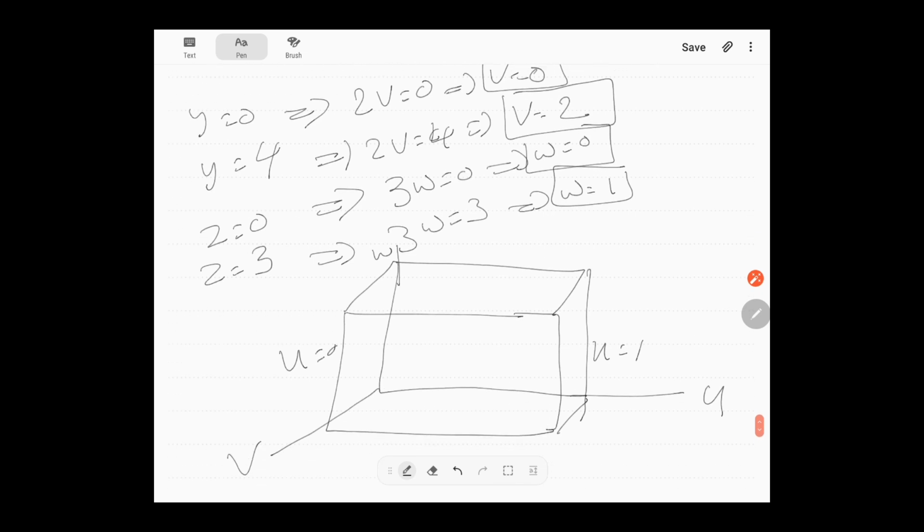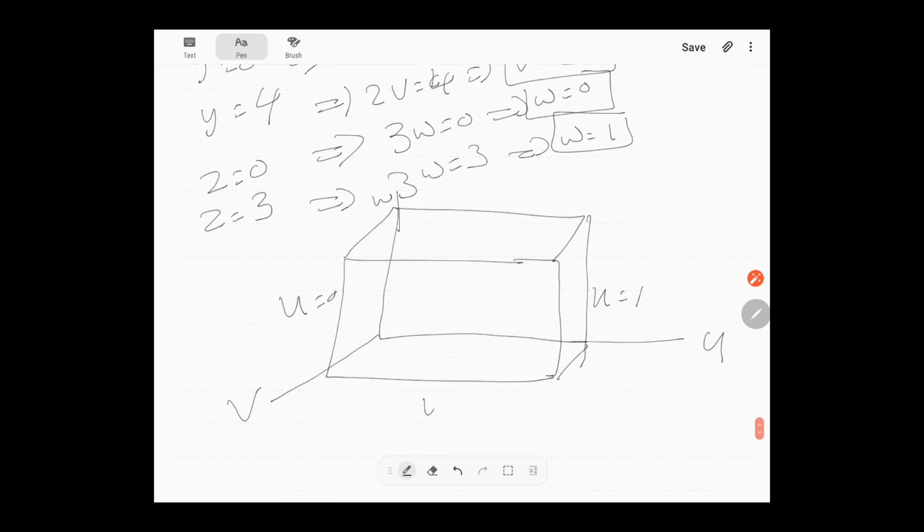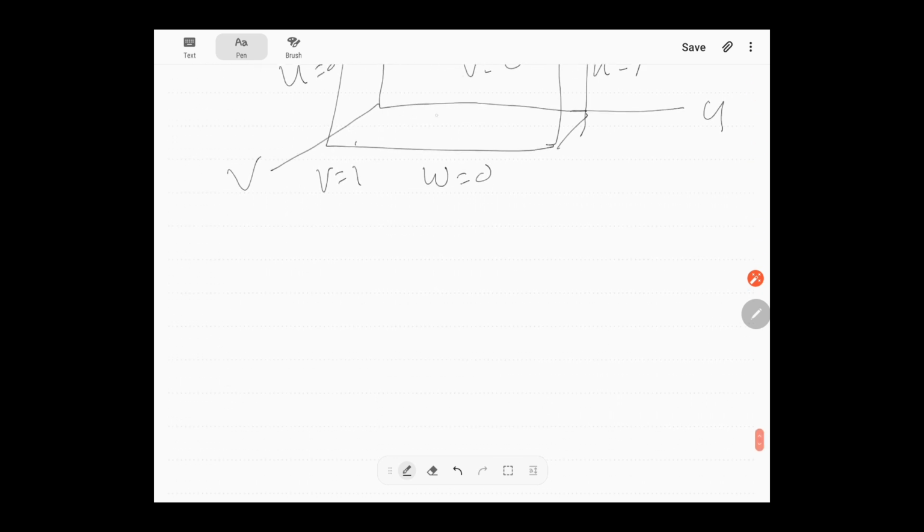Next, v equal to 0, w equal to 0, and w equal to 1. The front projected one is v equal to 1, the backside one is v equal to 0. So this is my region E. We need to evaluate the triple integral over this region E.